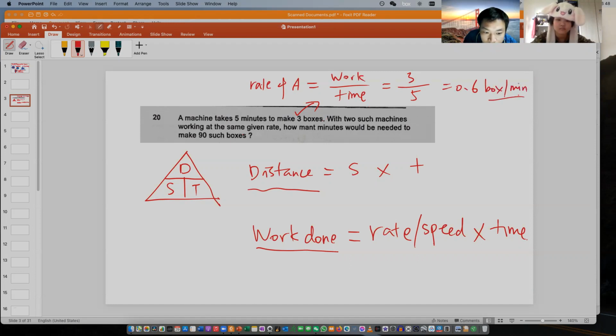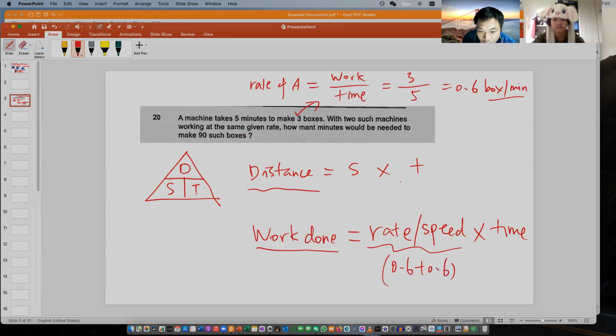This is the unit. They ask with 2 such machines working at the same given rate, so the 2 of them combine to do the same job, and the combined rate will be 0.6 plus 0.6.